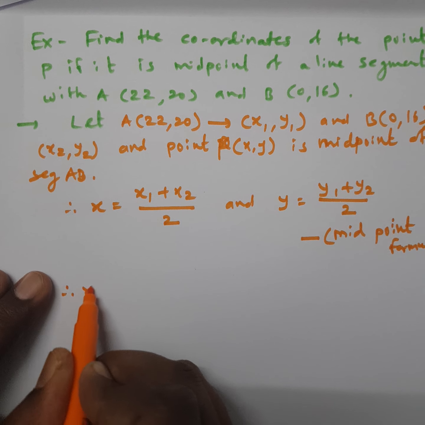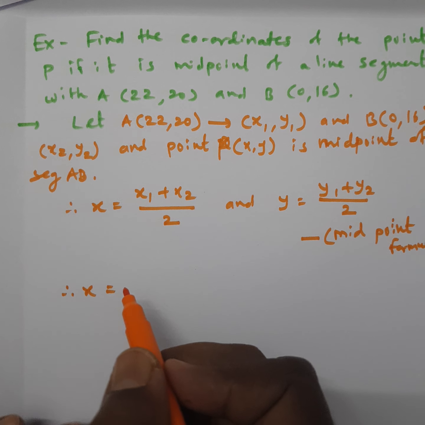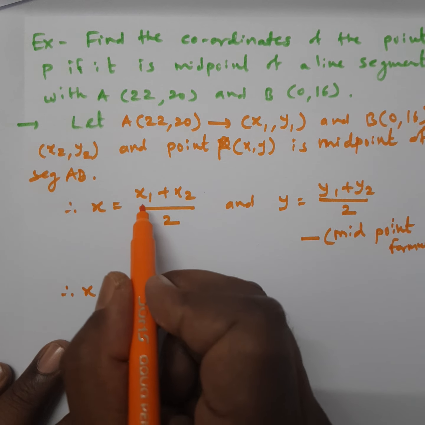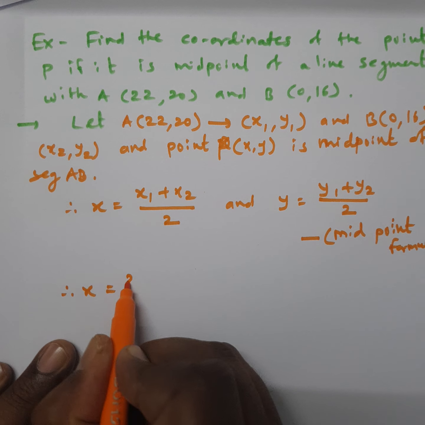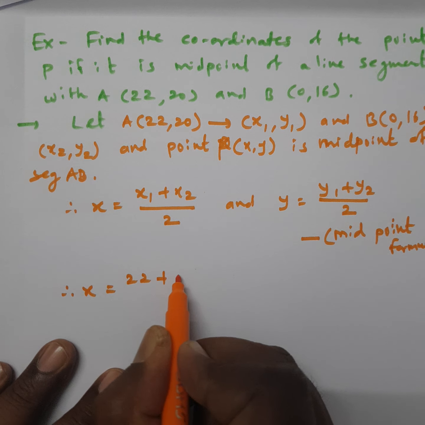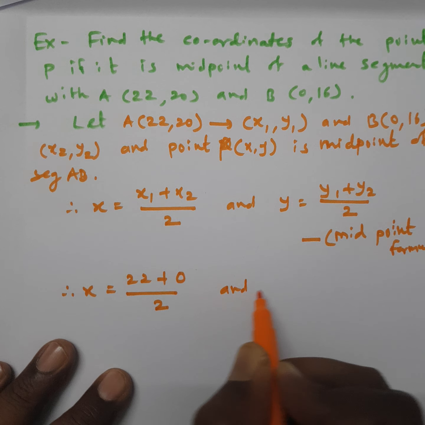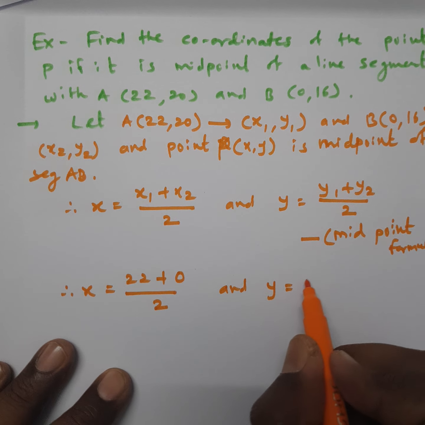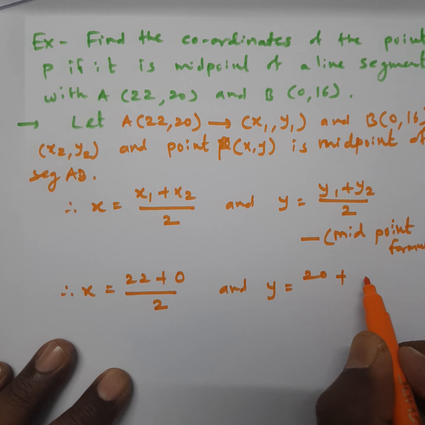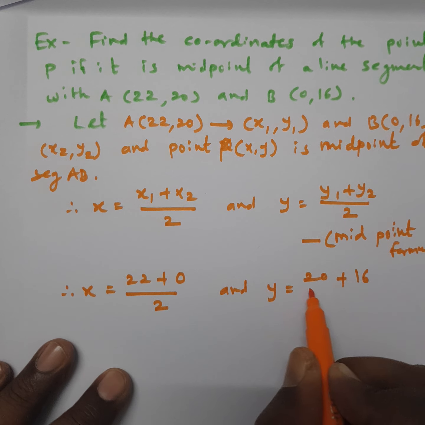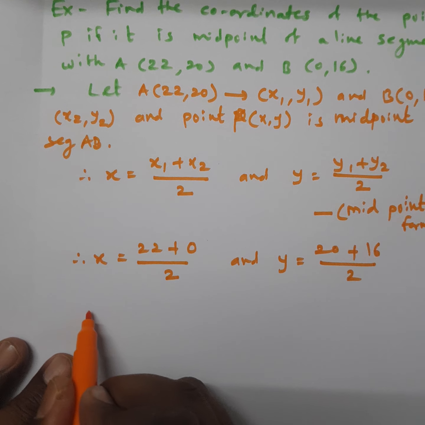Therefore we will put the values of x1, y1, x2, y2. x is equal to (22 + 0) upon 2 and y is equal to (20 + 16) upon 2.